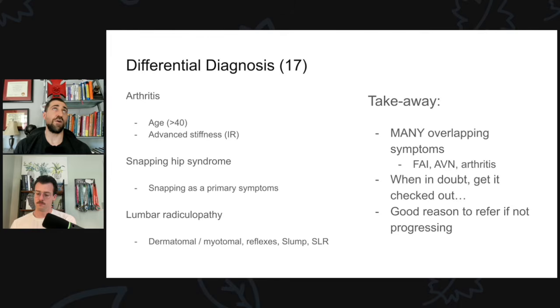You hear this a lot from folks doing, let's say, a dead bug, if they're just flexing the hip when they're on their back, the psoas is firing, it's getting taut, it's snapping the tendon of the psoas over top of the AIIS as you flex the hip back and forth. That's a sign that someone has a snapping hip when it's symptomatic. If it's snapping on the side of the hip, that could be the IT band snapping over the greater trochanter. So we want to be on the lookout for that.